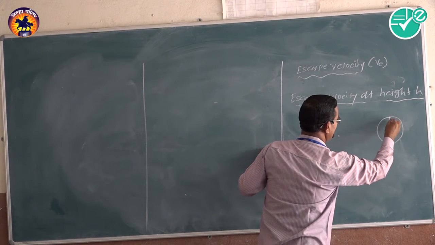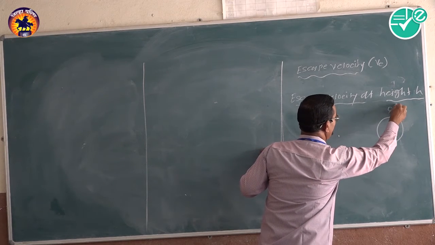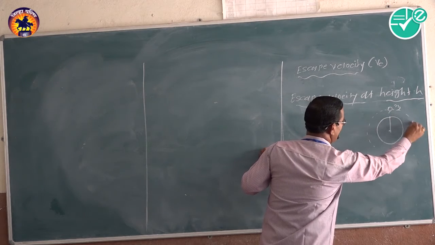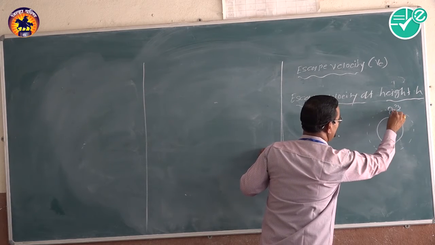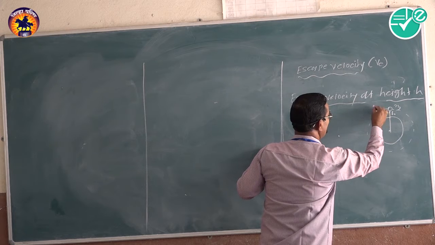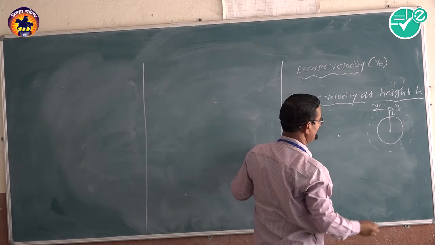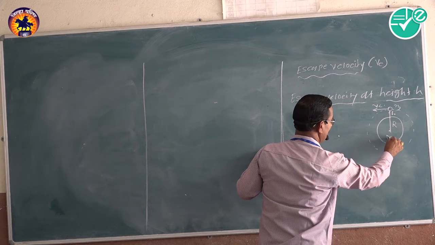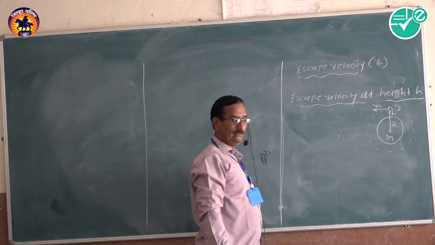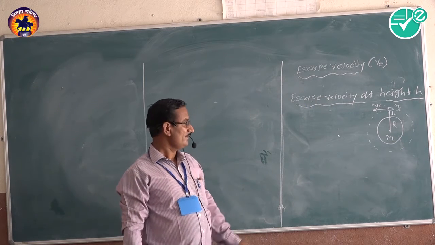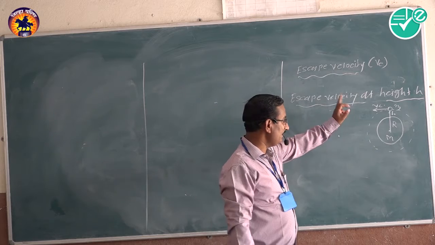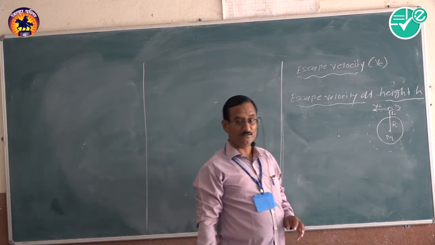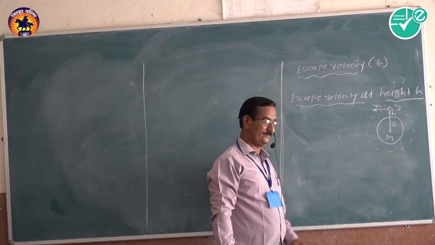of mass small m, which is revolving around the Earth at height h with critical velocity vc. Let capital R be the radius of Earth and capital M be the mass of the Earth.